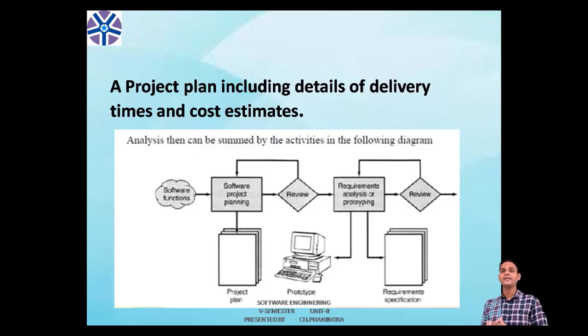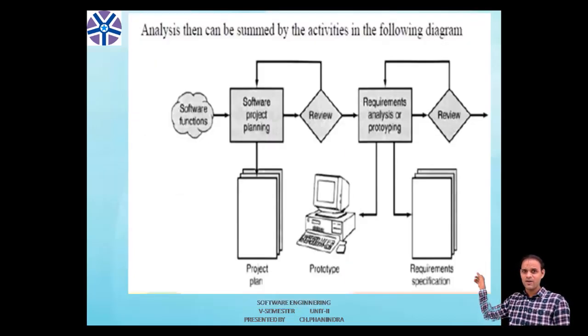For example, whenever you deliver the project, we consider time as well as cost, and estimate everything in total. See the diagrammatic representation of the cost estimation, the example of the project plan cost estimation: what software functionality we are using, what prototyping, what planning, how many times we review, how many times we call planning.